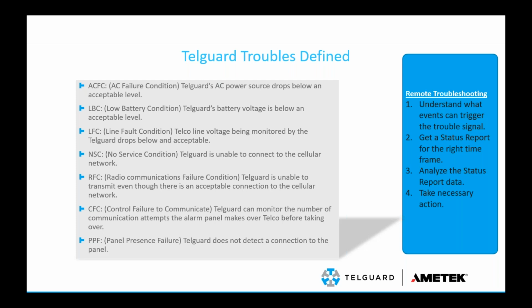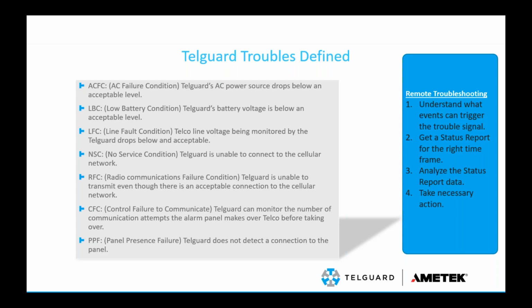Line fault condition, this is where we're not seeing the proper voltage on the bottom grade RJ jack on the TG-7FS. This only applies to cell primary or cell backup modes. If you are doing sole path cellular only, then this will not apply to you and you will only see this trouble condition before the unit gets activated.